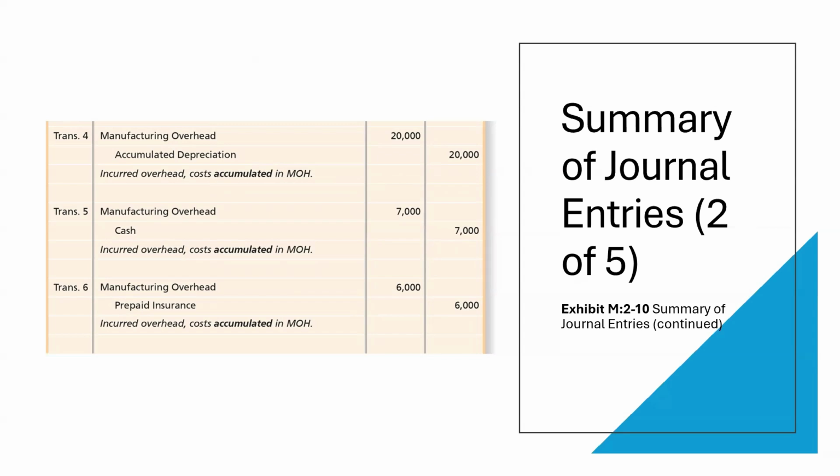Transaction number 5, manufacturing overhead, a debit of $7,000, and cash was credited for $7,000. Transaction number 6, manufacturing overhead, a $6,000 debit, and prepaid insurance was credited for the $6,000.